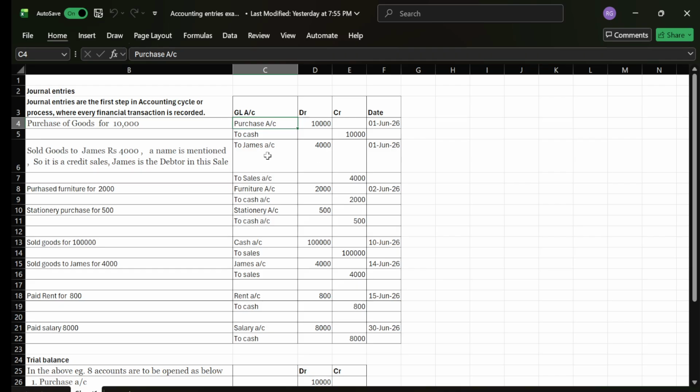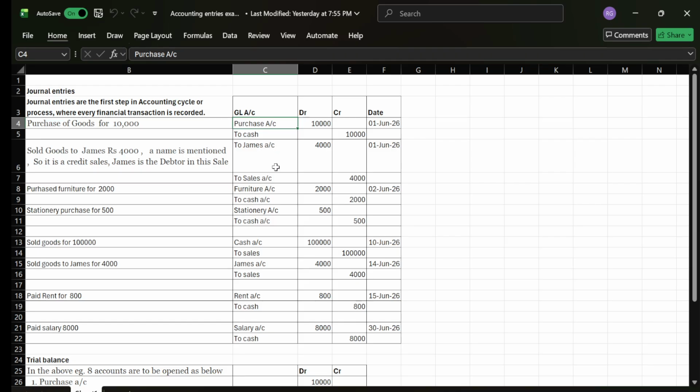And then here, James account. He's a customer. It's my accounts receivable, which is an asset account. I'll show you in later sessions when I talk about the sales module. Here, James is my customer. I am receiving something because of selling goods to him, and it's an accounts receivable.